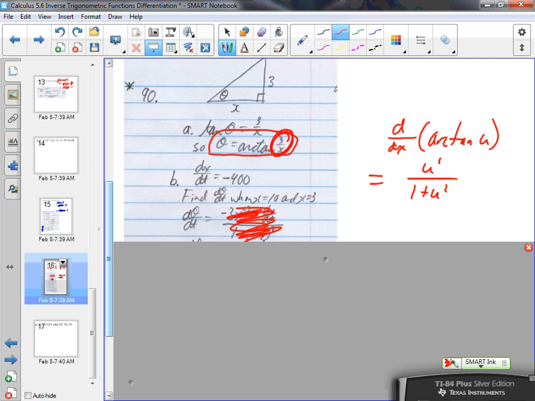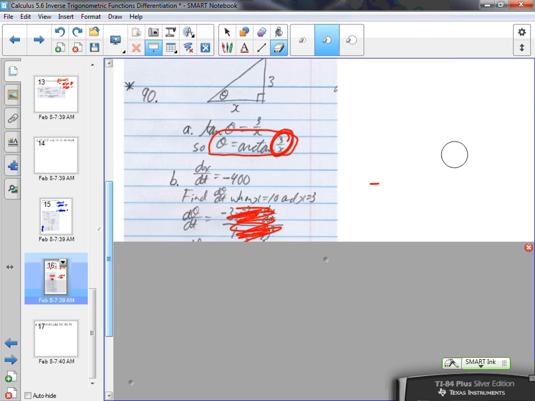All right, so u is 3 over x, isn't it? So it's the derivative of 3 over x. Now, that 3 over x, I know I'm doing all kinds of scribbling around here. That 3 over x could be 3x to the negative 1. So its derivative would be negative 3x to the negative 2, right?